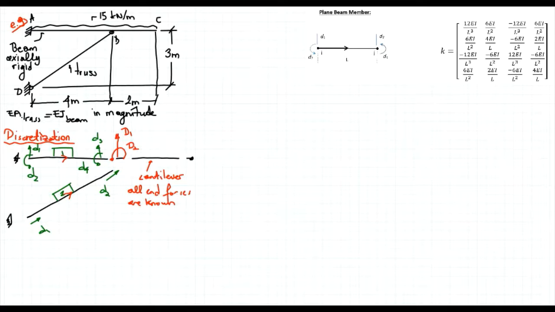Again, I don't worry about the cantilever part. I will only consider the cantilever as a tool to transfer the forces to node B. Now, let's handle all the external actions in determining the unbalanced forces and fixed end forces.